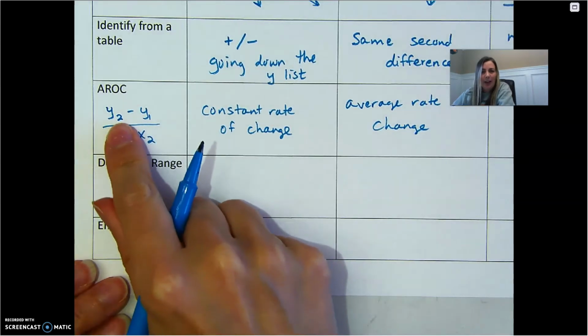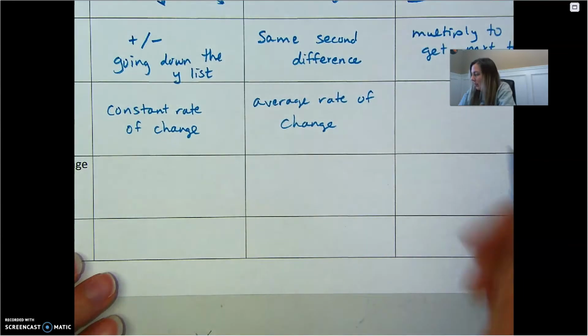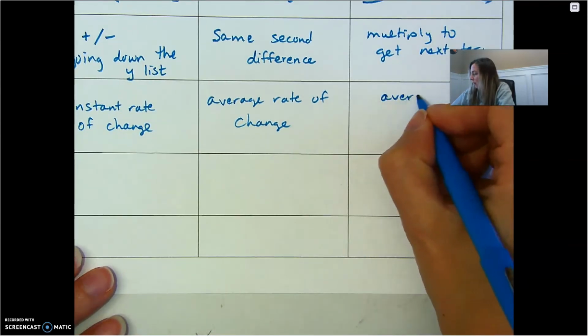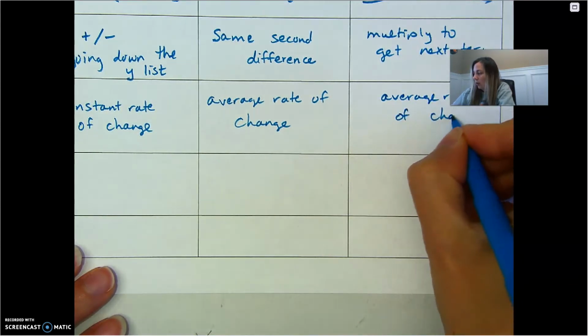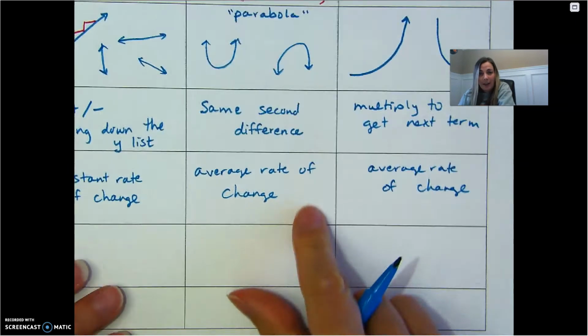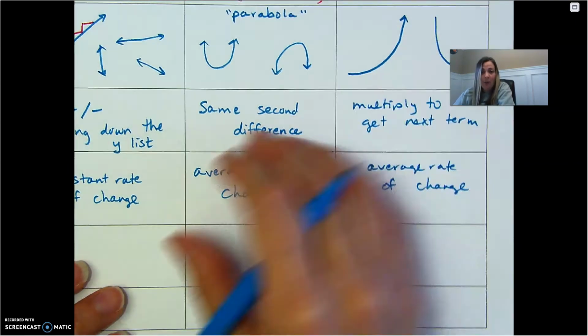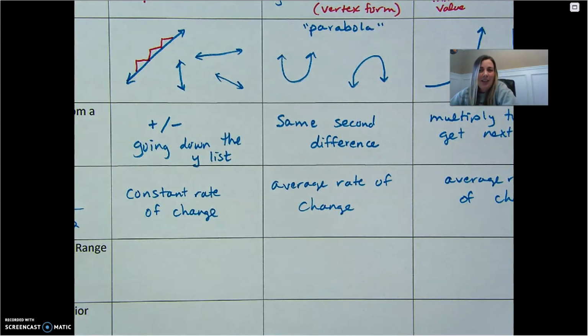We use this guy, and it's just averaging that rate. Same over here. For exponential, it's an average rate of change. Meaning, it depends where you are on the graph as to what your answer will be. But for a linear function, you could be anywhere, and the answer is the same.